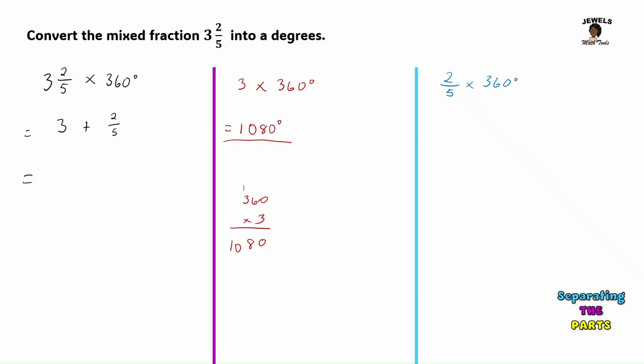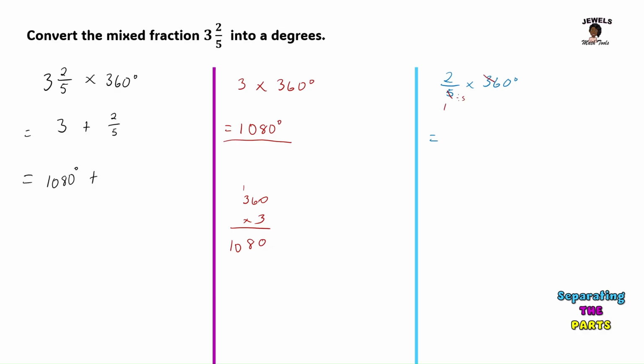Remember that 3 and 2/5 means that 3 wholes is being added to 2/5. So that is my 1080 degrees being added to, and let's do our proper fraction conversion to see what my proper fraction is as it is changed to degrees. For this part, I will be doing my simplification. So I am simplifying my fraction first. My 5 will divide into 5 once.